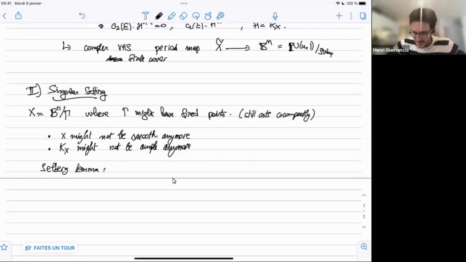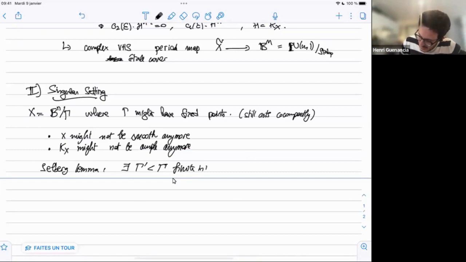Here, gamma is not any group; it's a subgroup of PU(n,1), so it's a linear group. And so it tells you that there exists a finite index subgroup that's torsion free. And here, since gamma acts properly discontinuously, being torsion-free implies that gamma prime acts without fixed points.